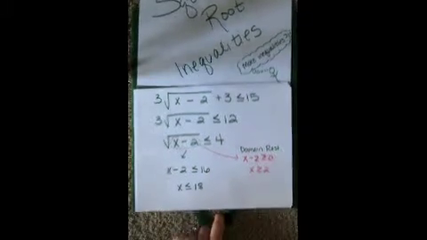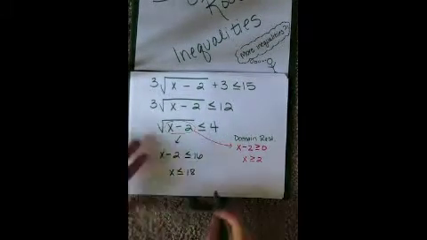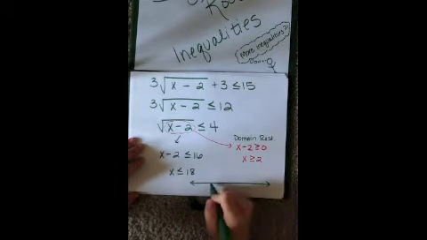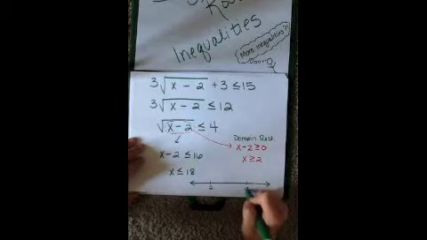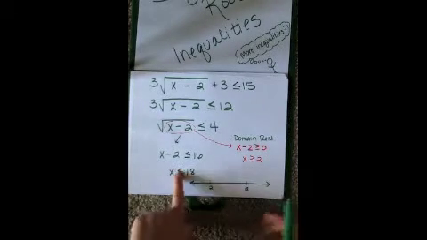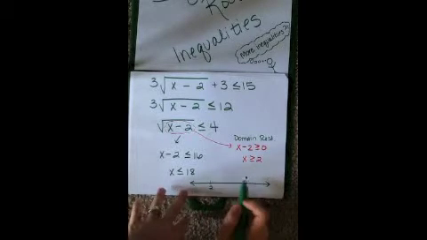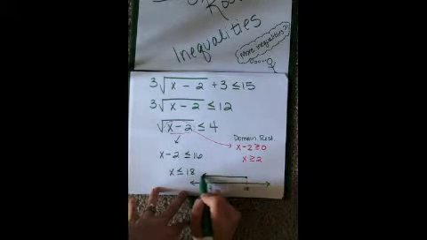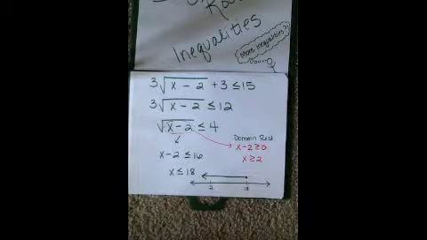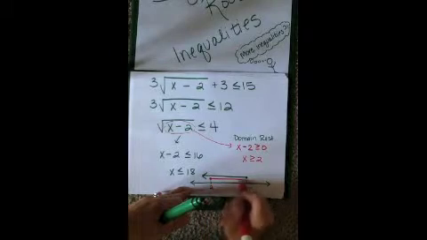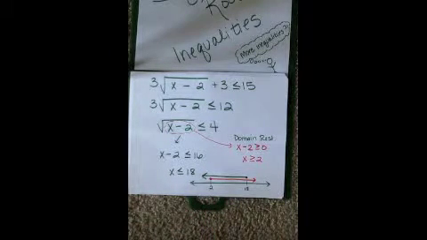To make sense of this, number lines can be helpful also. So I have 2, I have 18. So I know that it's less than or equal to 18. So all of that. And I know that x has to be greater than 2. And your answer is that wonderful spot where both of those overlap.